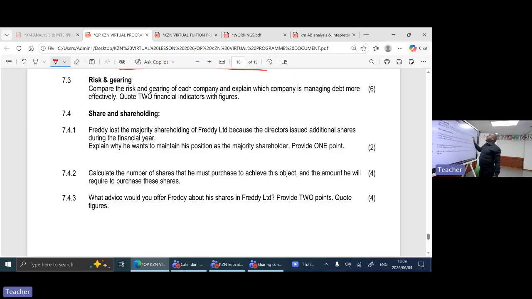Then you quote financial indicators with figures. So that is for 6 marks. We're comparing the risk and gearing of each company, and you explain which one is better. We'll say that at the end.